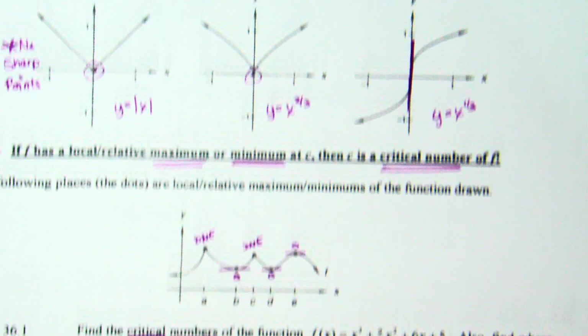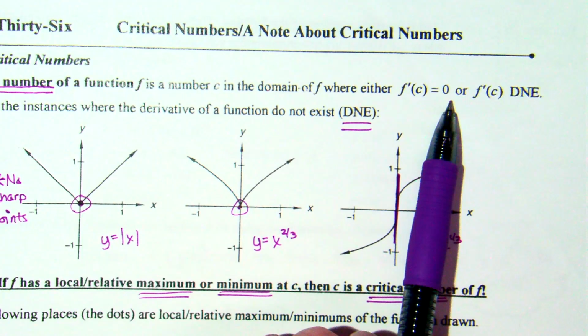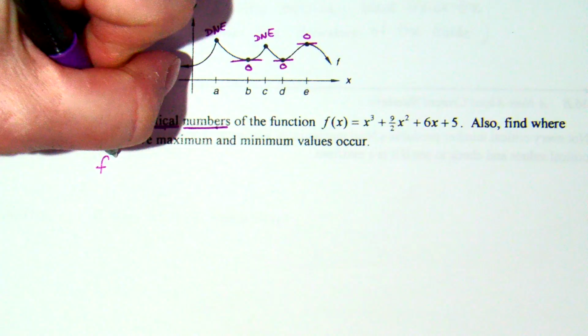When the derivative equals 0 is when a critical number occurs. So we need to find the derivative and set it equal to 0. So let me write down my original equation, f of x equals x to the third plus 9 halves x squared plus 6x plus 5.